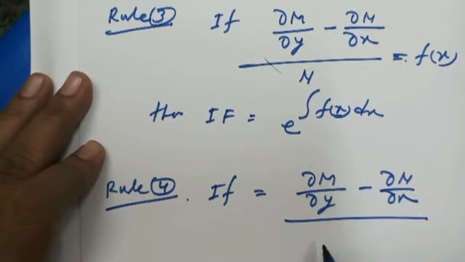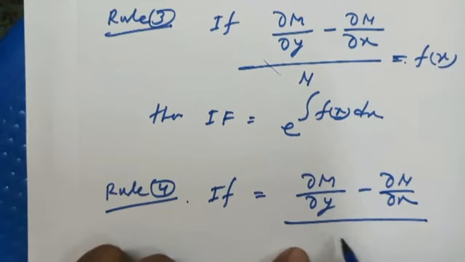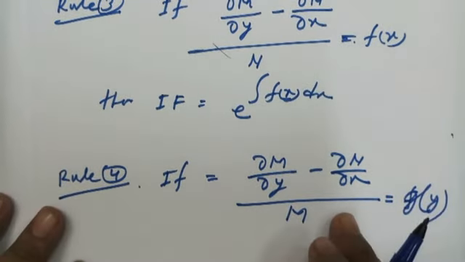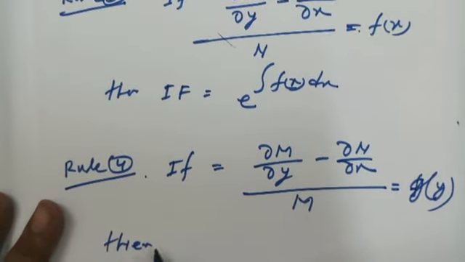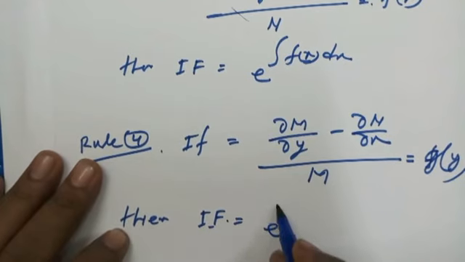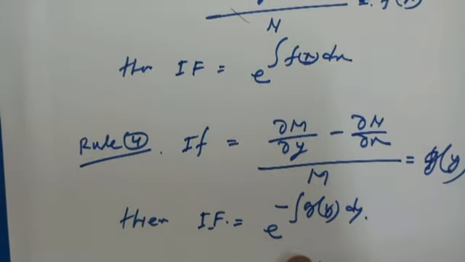Just the denominator is different. In the numerator it is as it is, but the denominator here is M. And if this is a function of only y, say g(y), then the integrating factor is e power minus integral g(y) dy. This is the integrating factor.